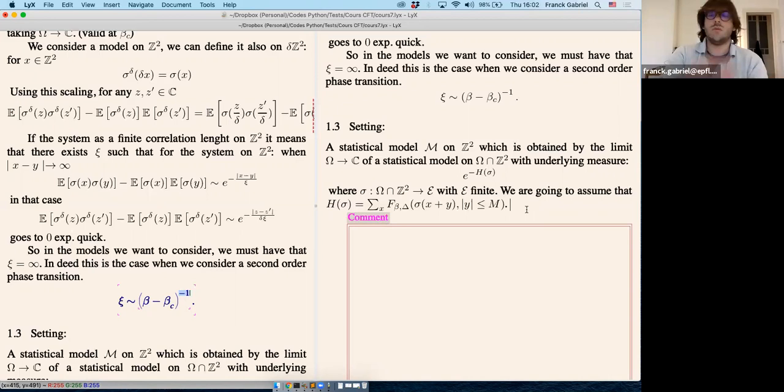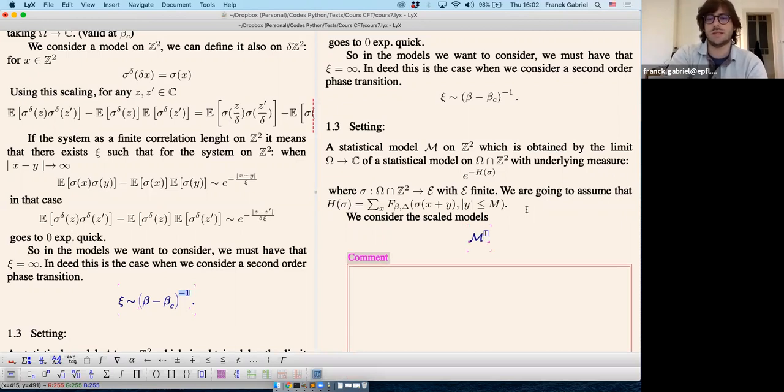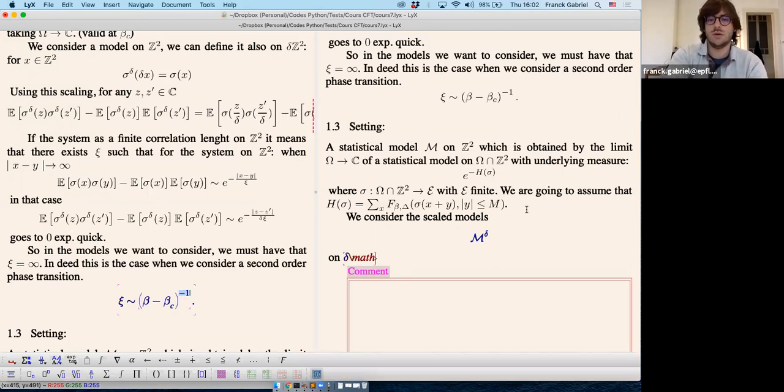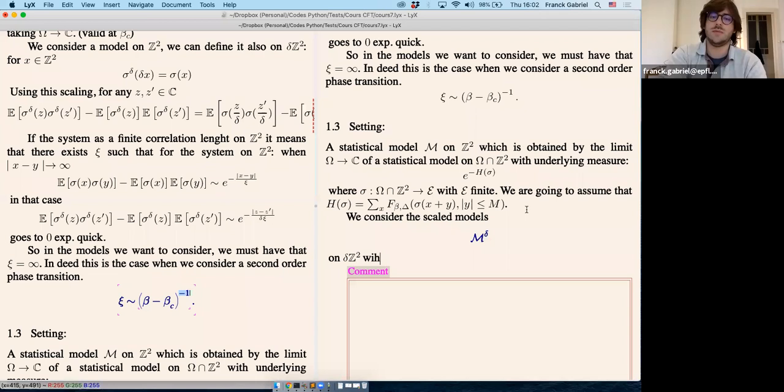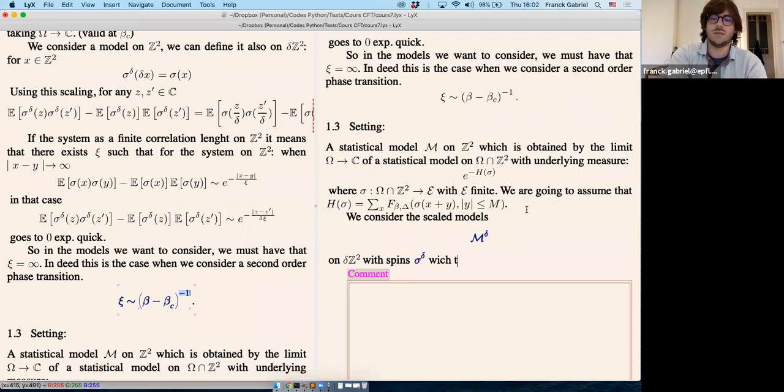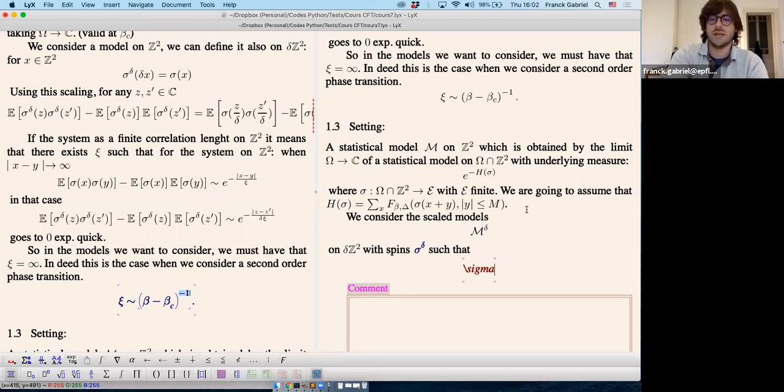Once you have this model, what we are going to do is consider the scaled models, which will be denoted by M to the power delta, on delta Z2, with spins now called sigma delta, such that sigma delta of delta x is equal to sigma of x for x in Z2.